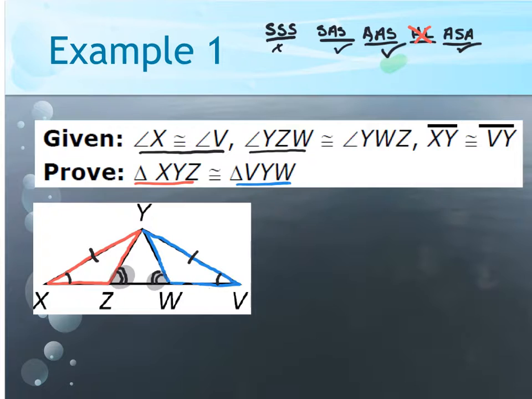This angle right here is probably going to lead me into that angle there somehow. And this angle here is probably going to lead me into that angle right there. And if I can do that, then it'll probably be AAS. So I'm just going to go along that route right there.